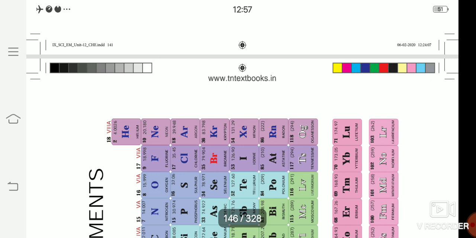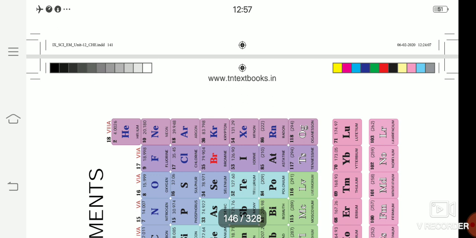Helium's atomic number is 2. Neon's atomic number is 10. Argon's is 18. Krypton's is 36. Xenon's is 54. Radon's is 86.